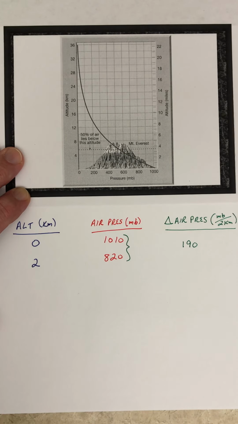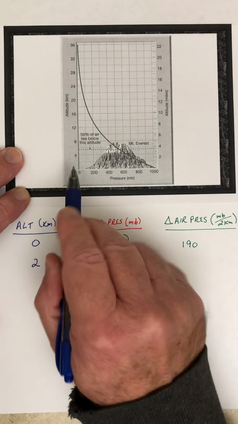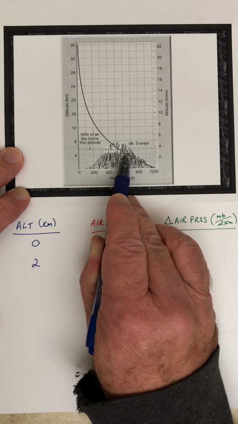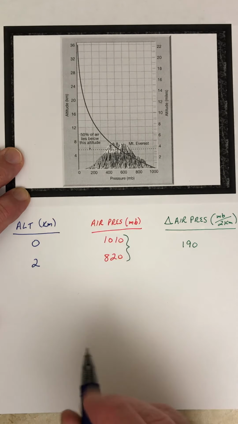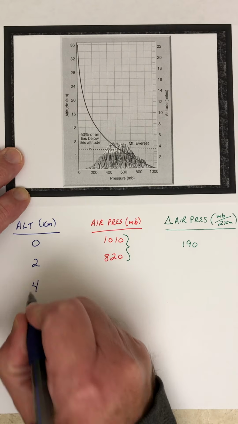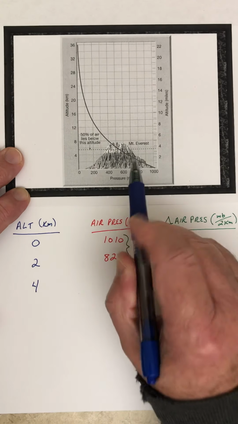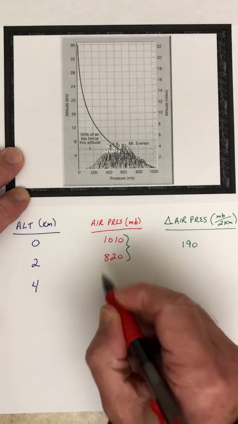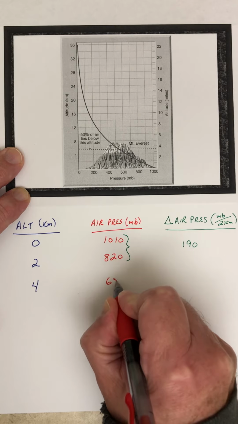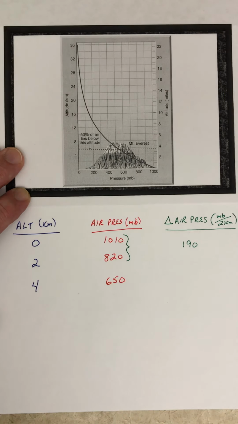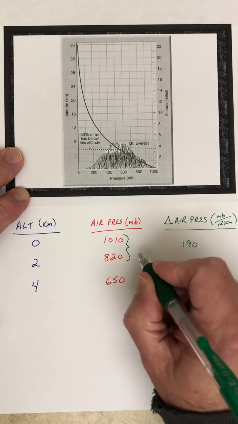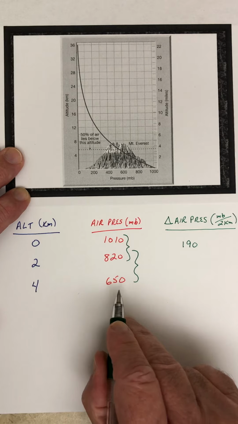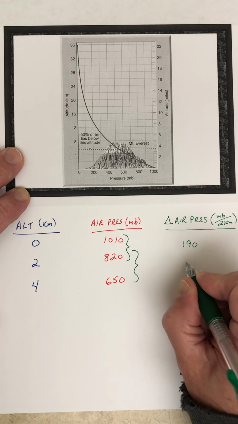Now let's take a look at 4 kilometers. We go up to 4 kilometers, read this over to the line and bring it down, and we see that the air pressure is about 650 millibars. So for this 2 kilometer distance we have a change in air pressure of 170 millibars.